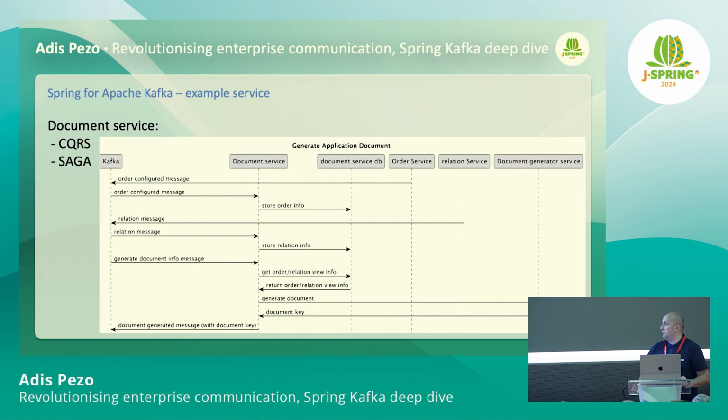And that part is basically the CQRS microservices architecture, where we in our document service create a view in the database so that we don't have to call all the microservices. And of course, that's faster.